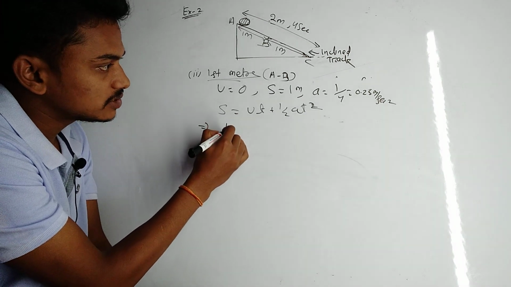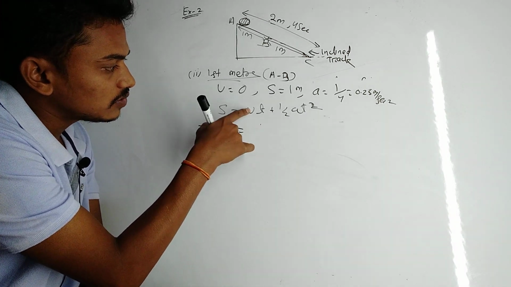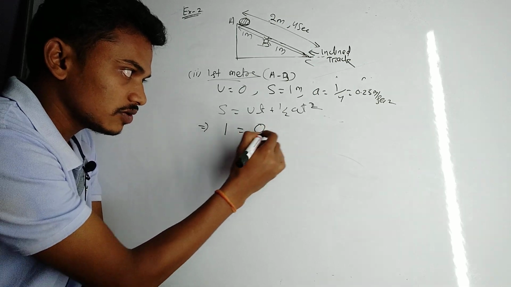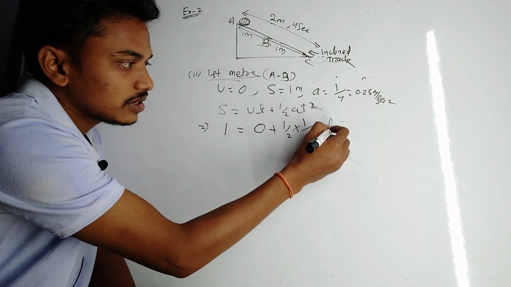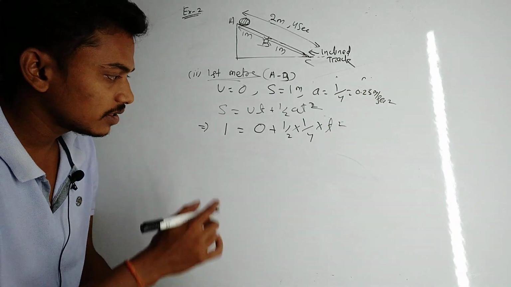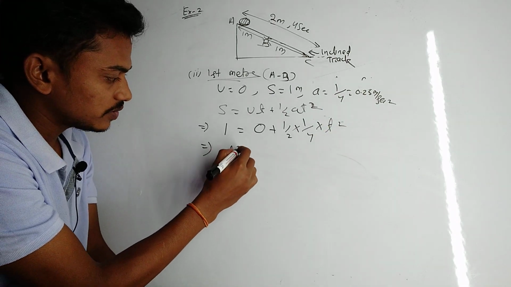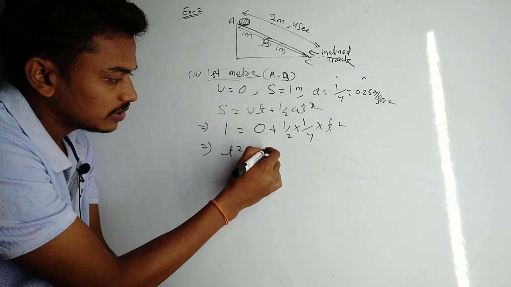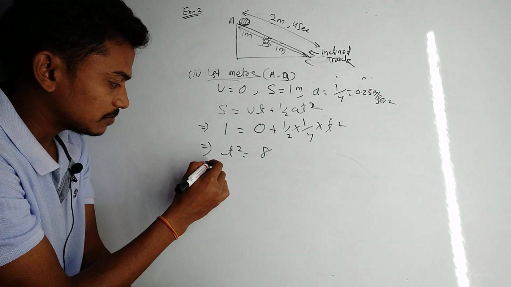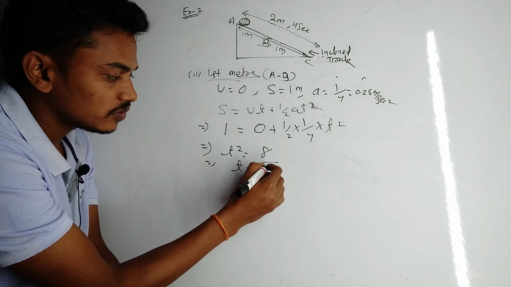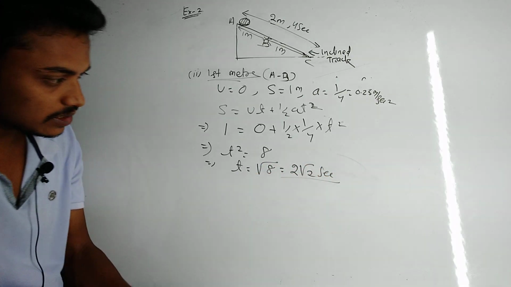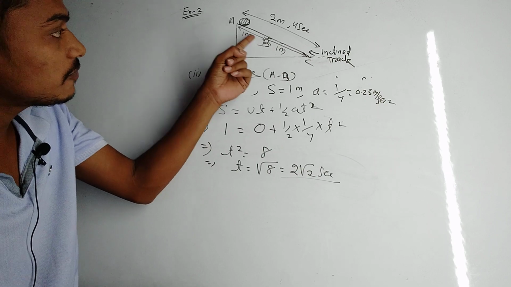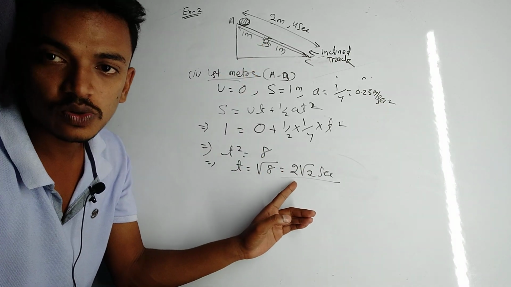That implies s is 1, u is 0, so ut is 0, plus half into acceleration 1 by 4 into t square. This implies t square is 8, so t is square root of 8, that is 2 root 2 second. So the time taken to cover the first meter is 2 root 2 second.